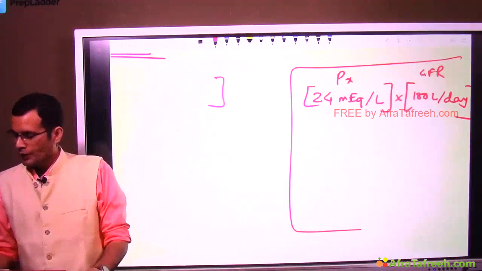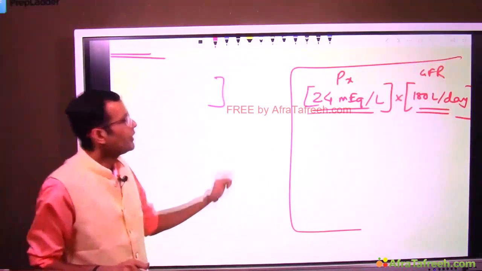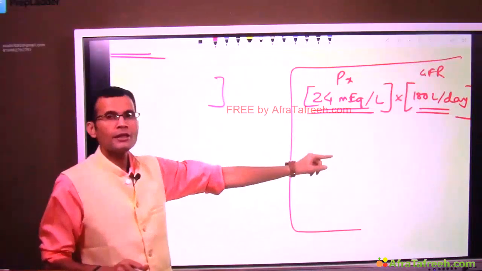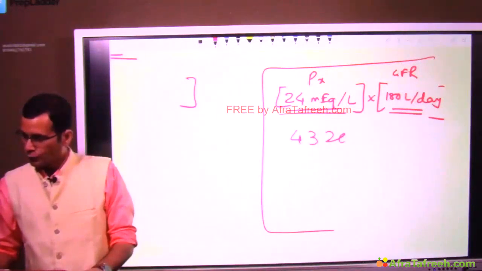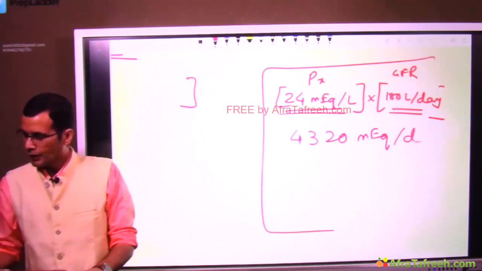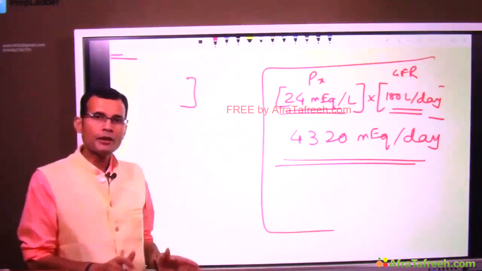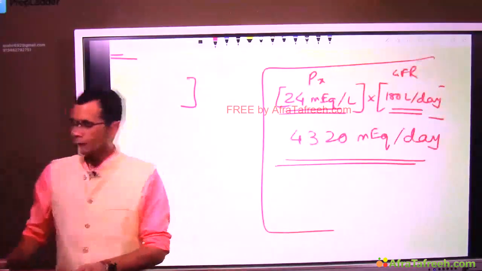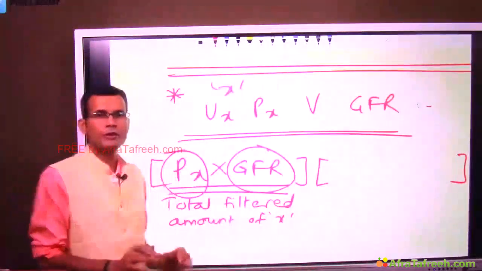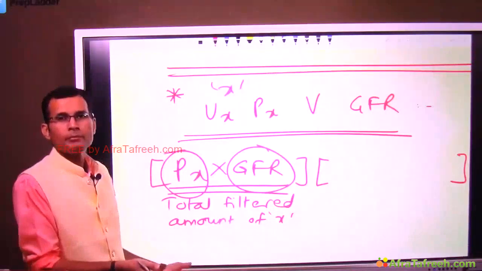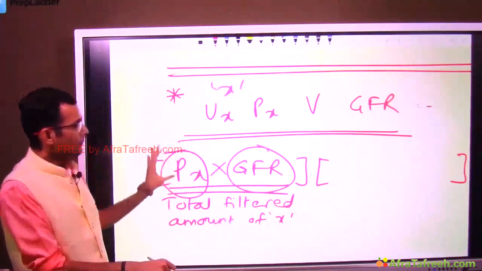So, the total filtered amount of the bicarbonate will be 24 into 180. And the amount is 4320 milliequivalents per day. This is the total filtered bicarbonate every day. Therefore, please remember this. How do you calculate the total filtered amount of a substance per unit time? It could be per minute or per day or per hour. Plasma concentration of the substance into the GFR.